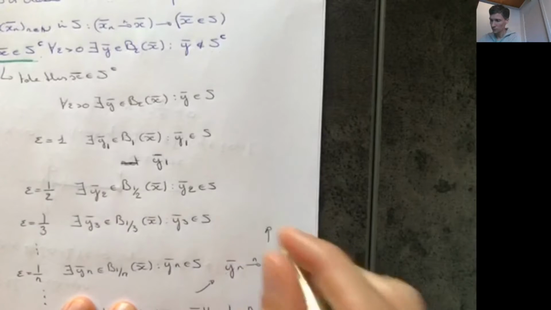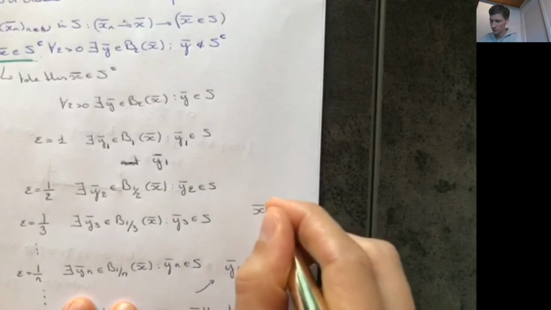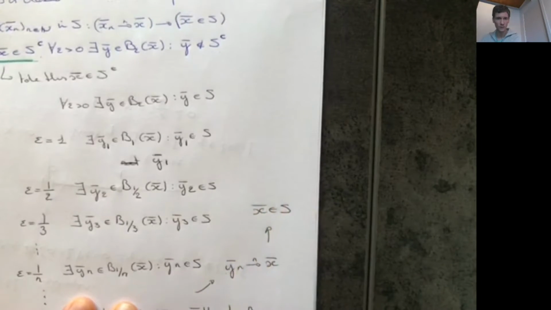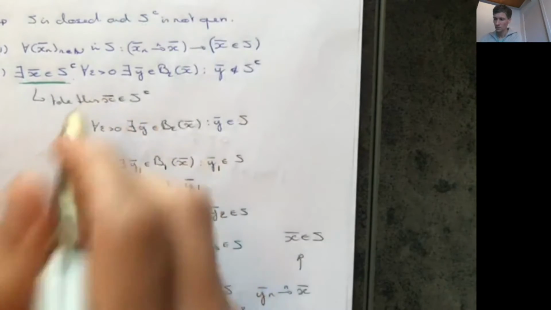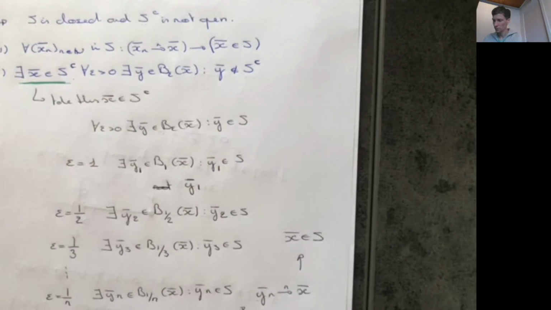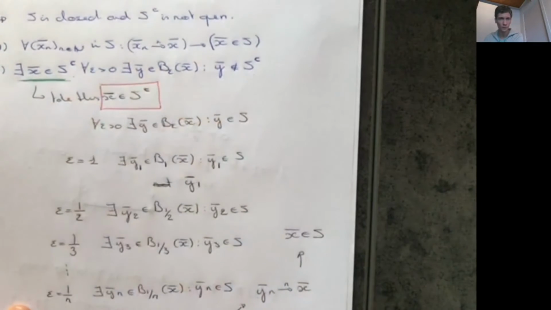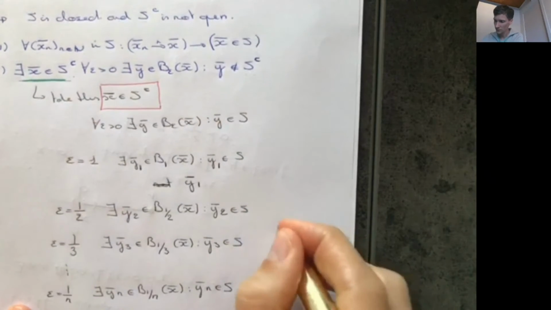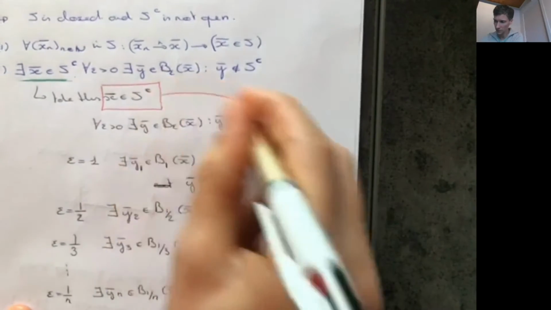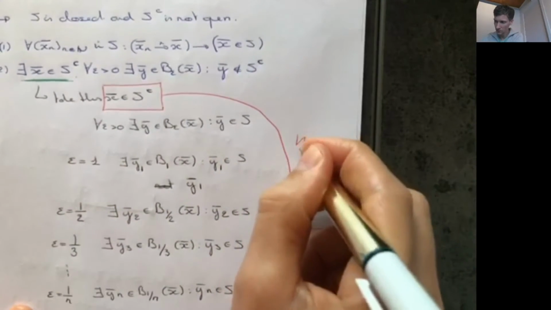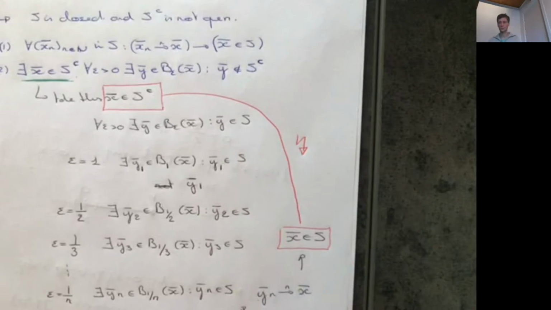So from this, it follows that x is in s. However, this contradicts the fact that we assumed that x was in the complement of s, right? So it cannot be in both. So here we get the desired contradiction.